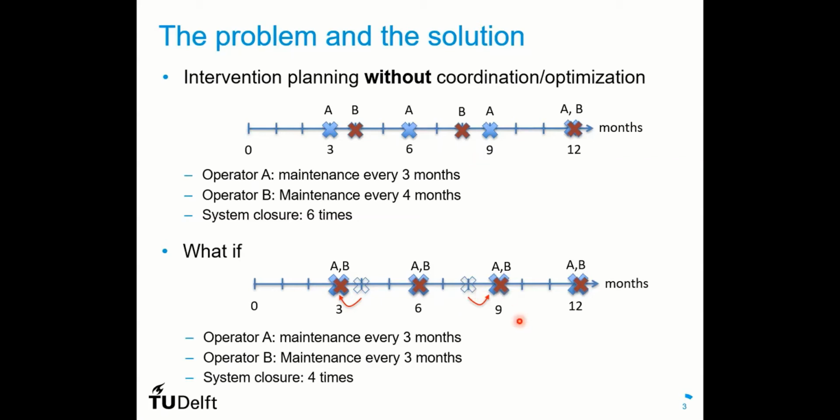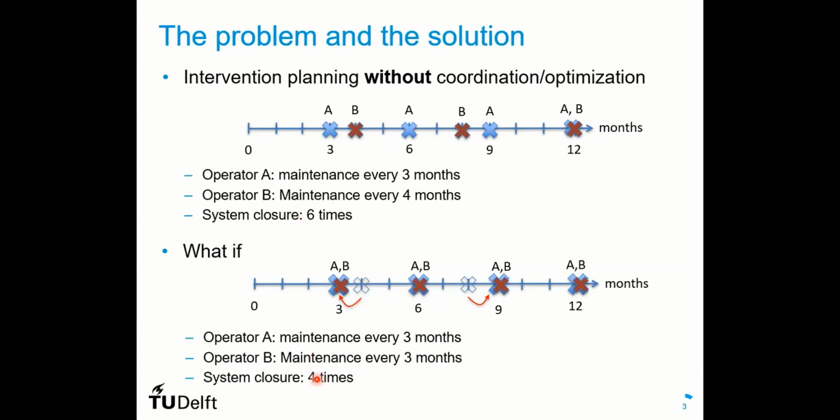And closing the system, in our case, is very costly because it prevents people from using that system. So saving on system closure will yield a lot of benefits. Although operator B here used to do 3 interventions, now they have to do 4 interventions, but the additional cost of intervention is less than the saving of system closure from 6 to 4.